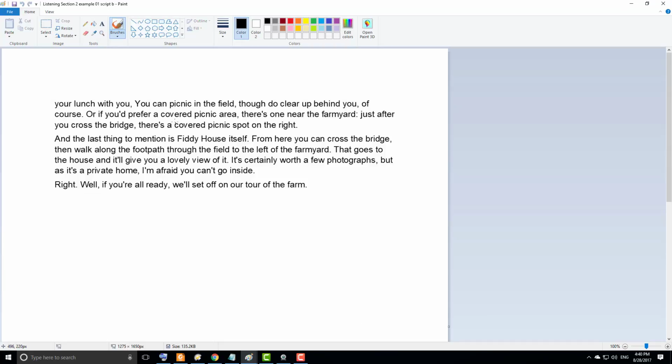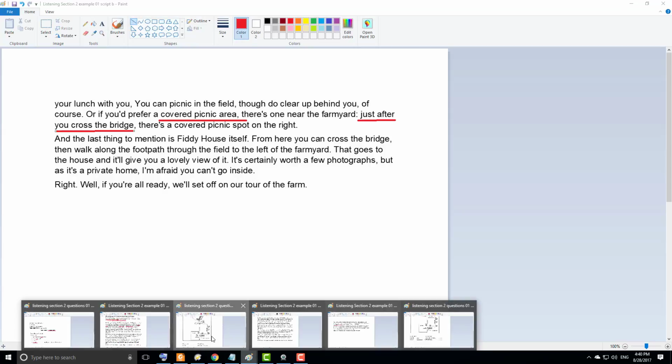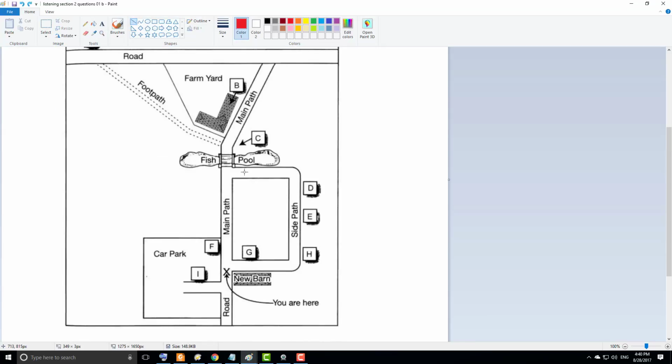Here. They mention the covered picnic area. And then we see there are 2 clues. Clue number 1, they say it's just after you cross the bridge. Now, from looking at the map beforehand, we would know that the bridge is here. So just after you cross the bridge, that would put us right here.